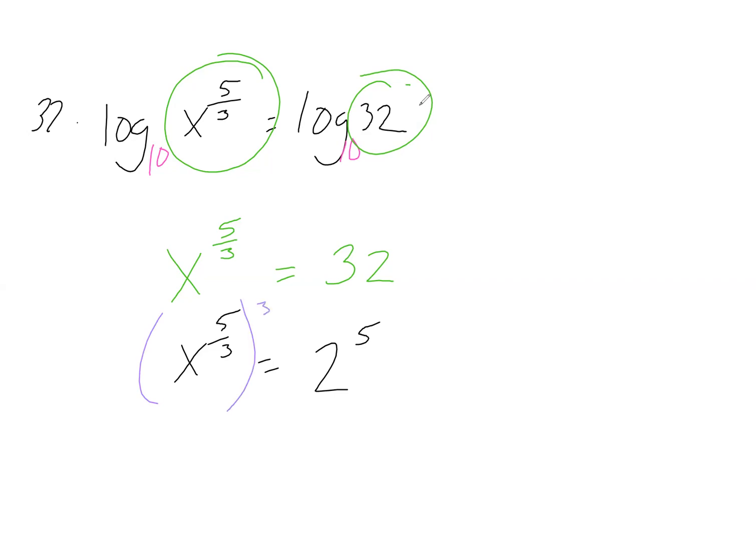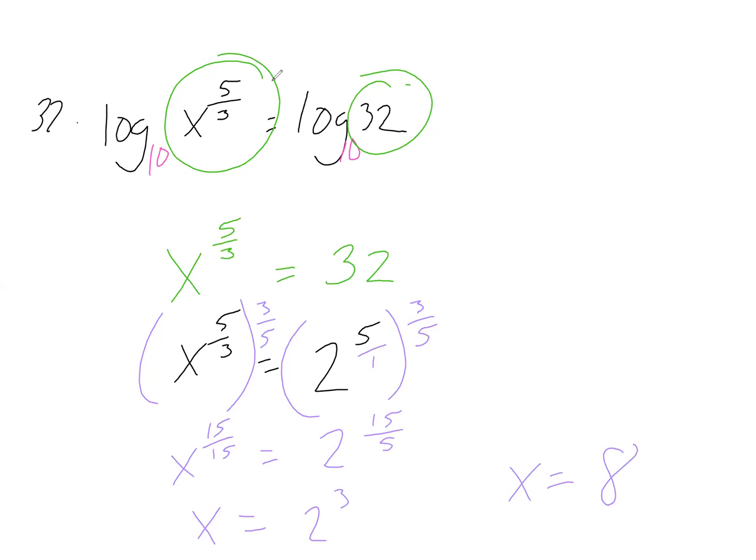So I'm going to raise it to the 3/5 because that would give me X to the 15 over 15 on this side, which is just X to the 1st, or X. And then on the right hand side, I'm also going to raise that to the same power, because if you do it to the left, you have to do it to the right. And that gives me 5 over 1 times 3 over 5 gives me 15 over 5, which reduces to 2 to the 3rd power. So X equals 8, because 2 times 2 times 2 is 8.